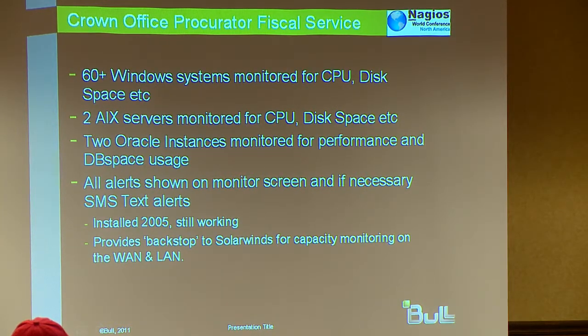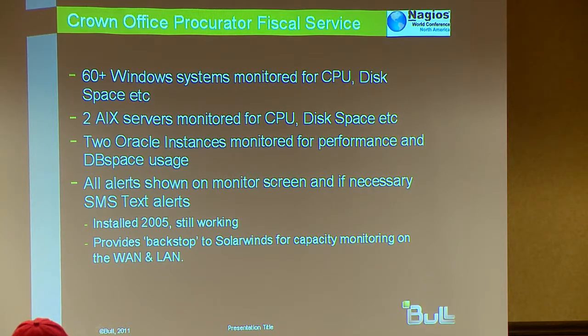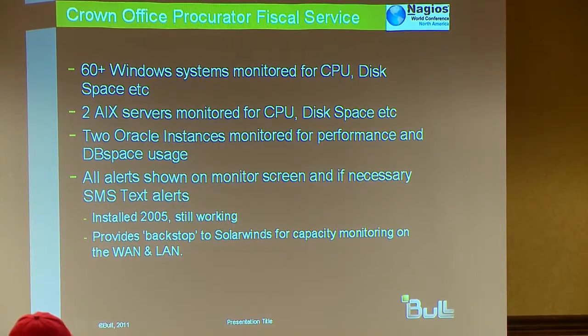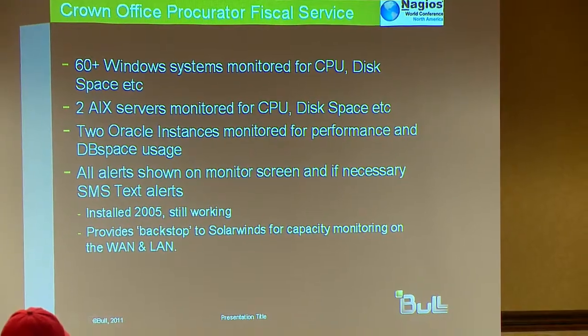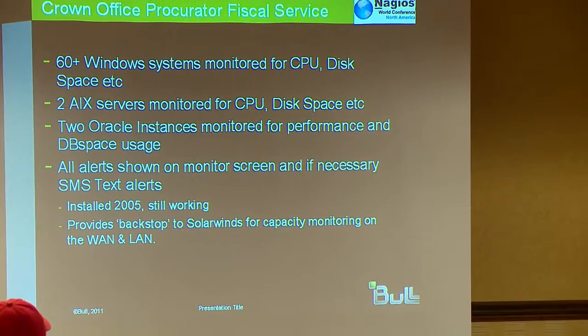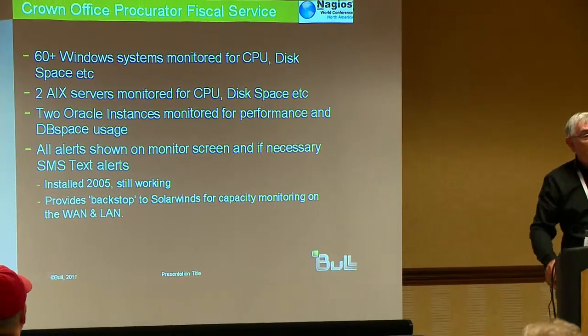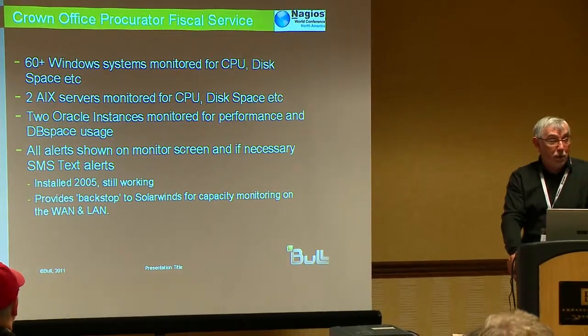They went to the expense of putting a lovely display screen in, and we sent out text alerts to people when things were going wrong, which caused no end of trouble, and it's a point I'll come back to later on in the presentation, because people were used to sleeping at night, not being told at 4 o'clock in the morning that their DB spaces were within 3% of filling up, but they'd best do something about it.